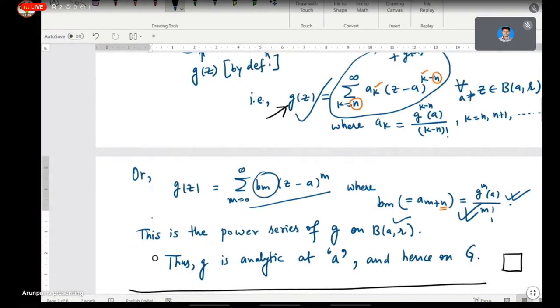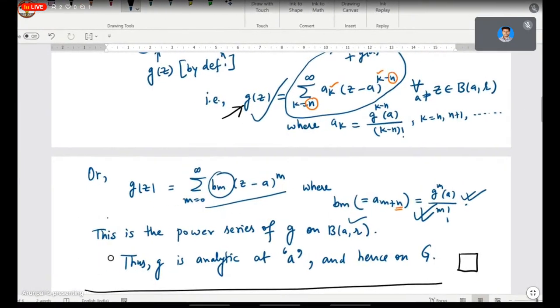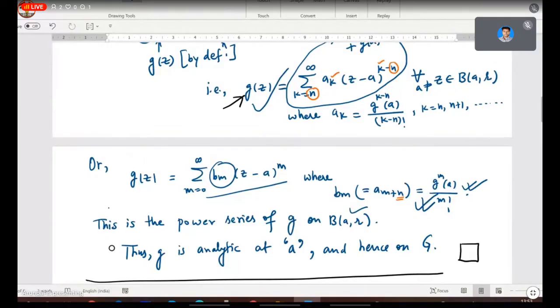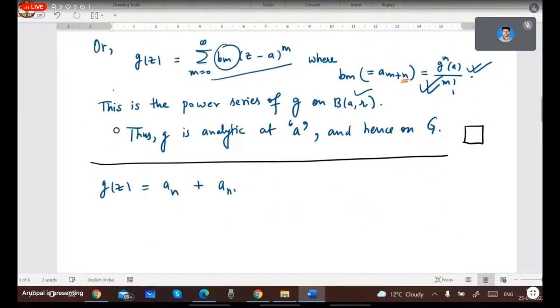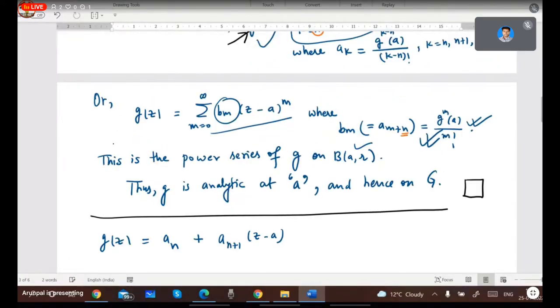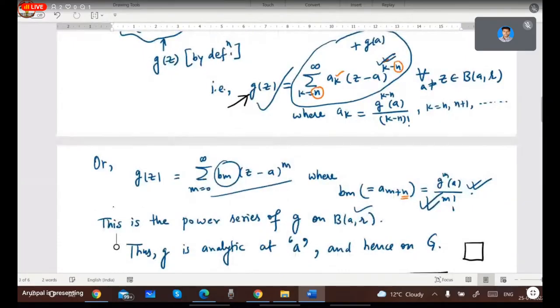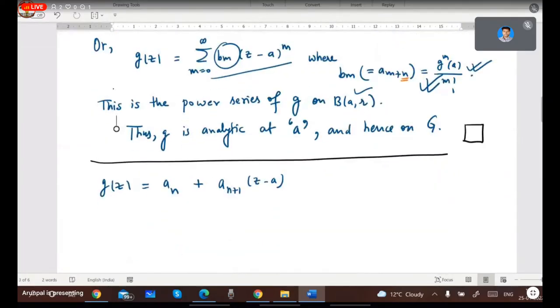Take k equal to n, so it will be a_n, because (z minus a) to the power n minus n is 0, that is 1. The next term will be k equal to n plus 1, and now you will have the first power of z minus a. The next term will be a_(n+2) (z minus a) squared plus a_(n+3) (z minus a) cubed. Is this okay, class?